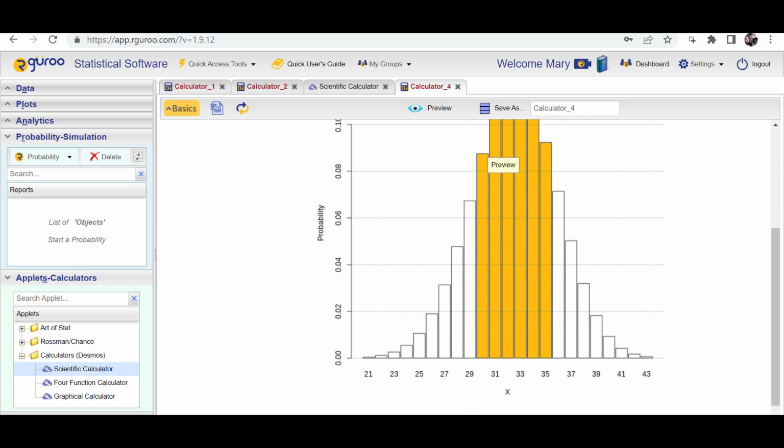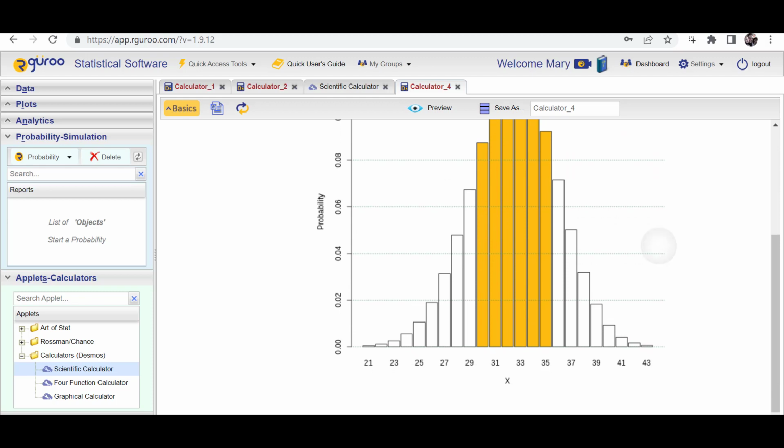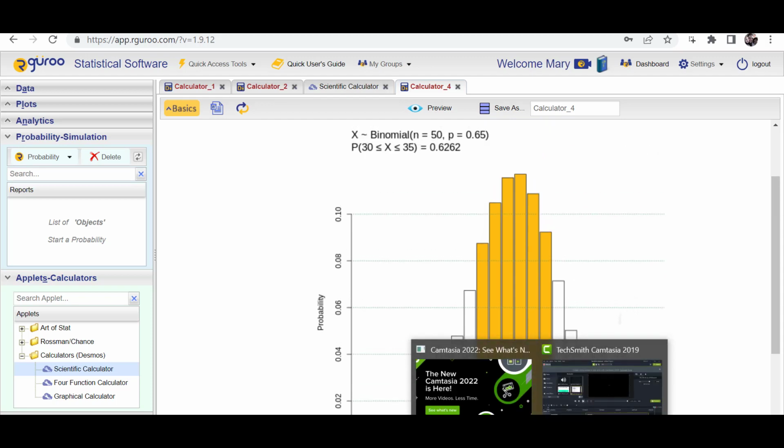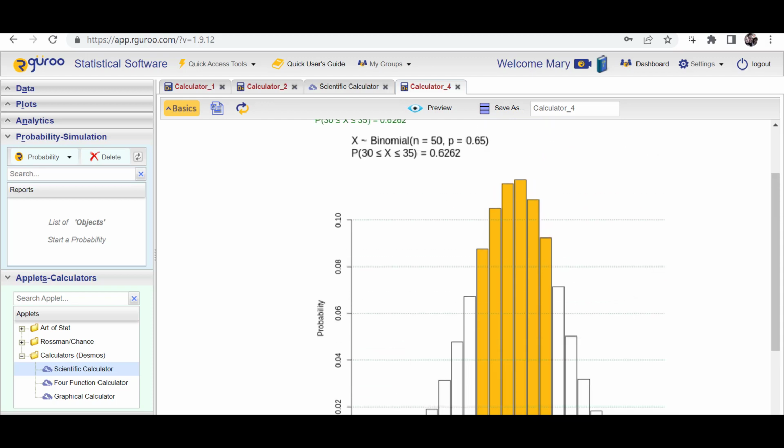And look, we've got 30, 31, 32, 33, 34, and 35 shaded. We wanted 30 to 35, and those are all shaded. And so we get 0.6262.